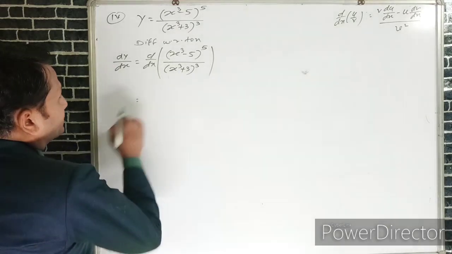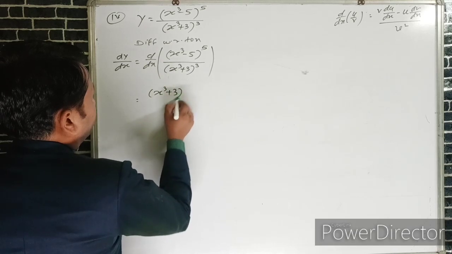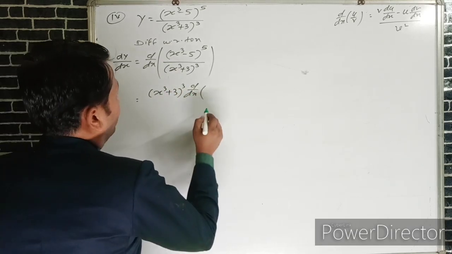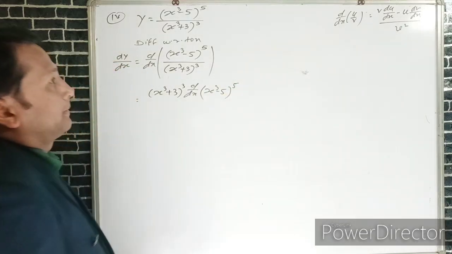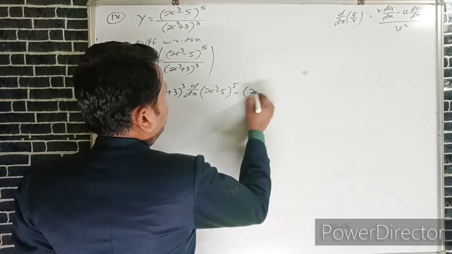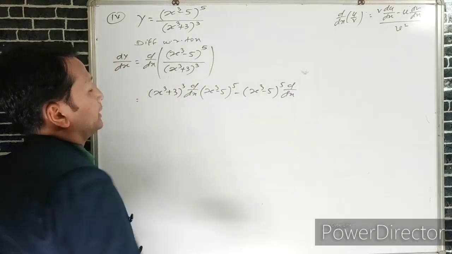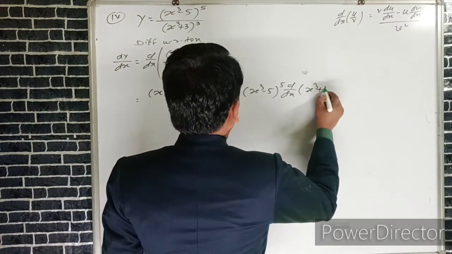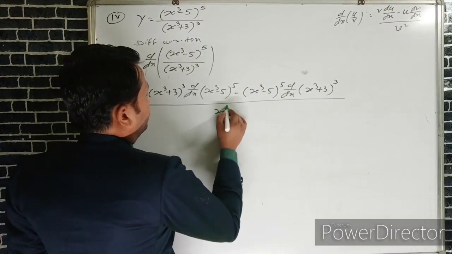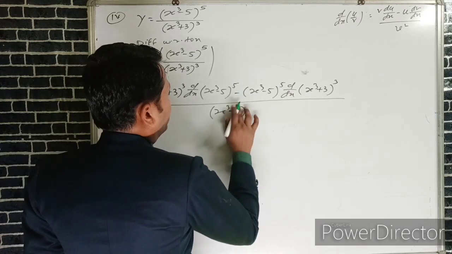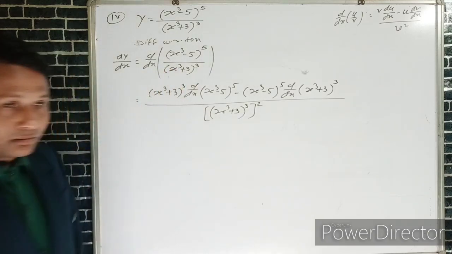Hence we can write second function x cube plus 3 whole raised to the power 3 into derivative of x cube minus 5 whole raised to the power 5, minus x cube minus 5 whole raised to the power 5 into derivative of x cube plus 3 whole raised to the power 3, upon x cube plus 3 whole raised to the power 3 whole bracket square, v square.